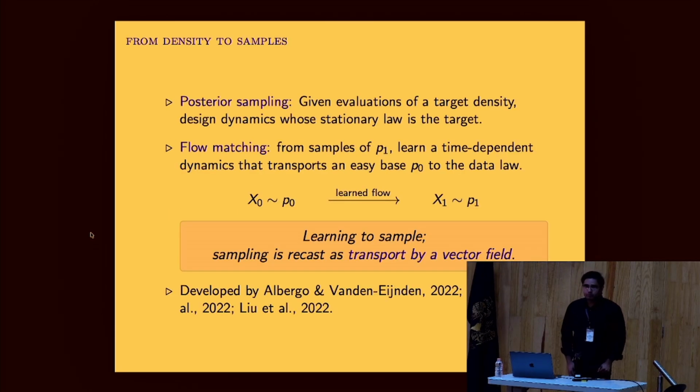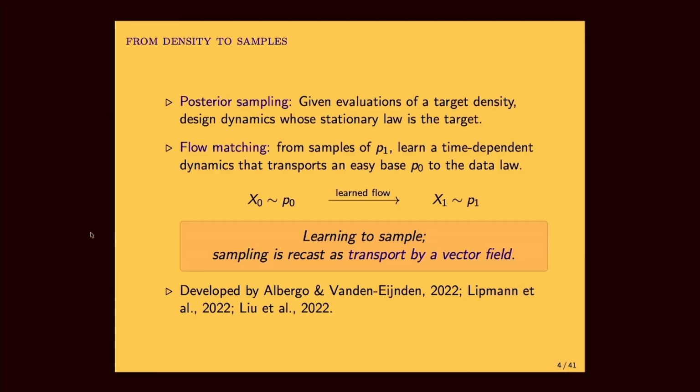All right, so I come to flow matching and diffusion models and these sort of generative AI tools from a more sampling perspective. So the starting point one can think of is posterior sampling, just to distinguish it from this generative AI kind of sampling. In posterior sampling, typically we assume that we are given evaluations of the target density.